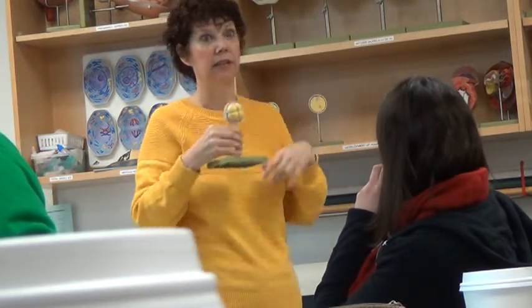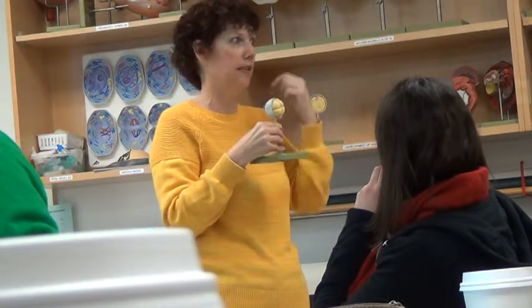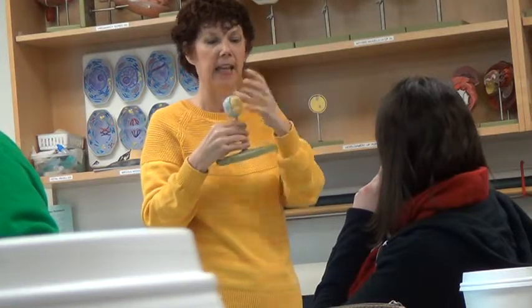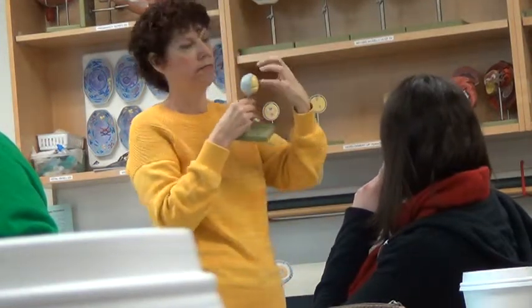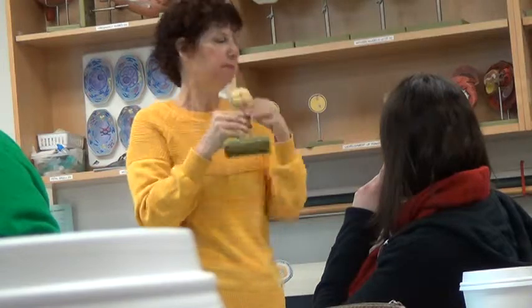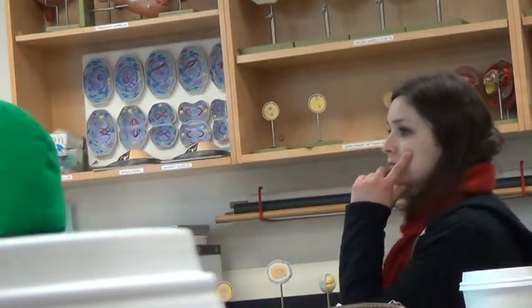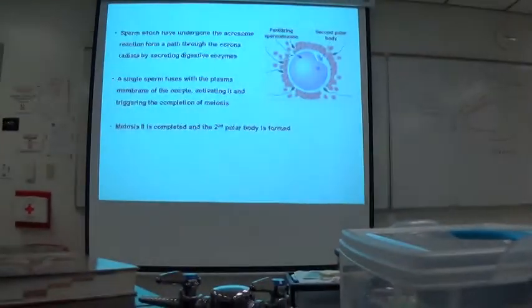Each of those has an identical 2N set of chromosomes. This is just mitosis, so each cell is going to be identical in chromosomal material to the one beside it. This goes on until we have thousands of little cells, and it forms a solid ball of cells as it's moving through the oviduct.